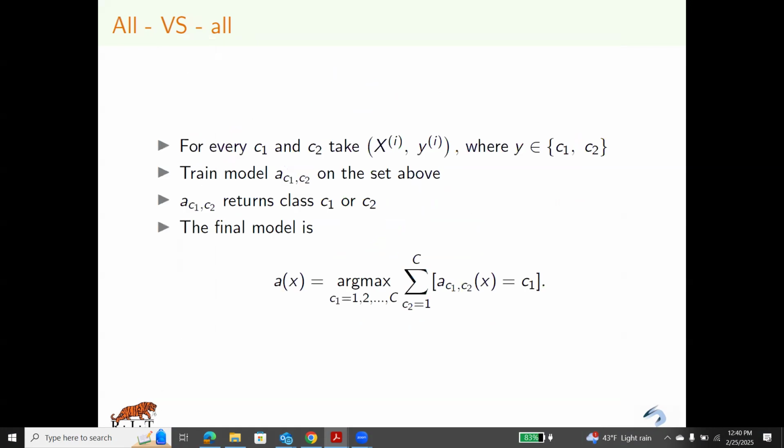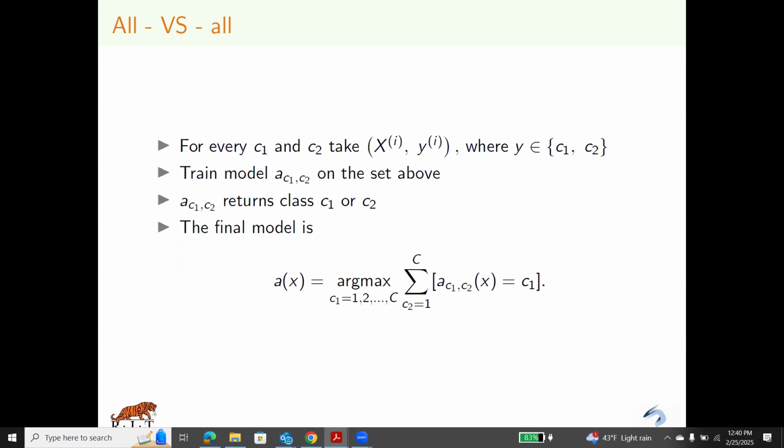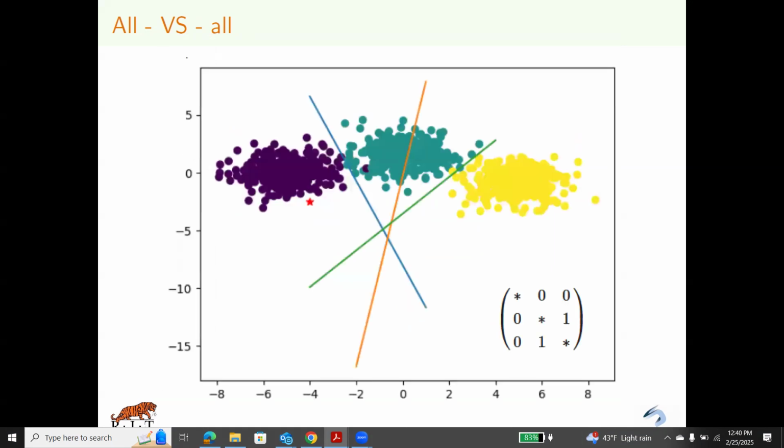The second approach is called all versus all. Let's again look first at the image and then at the formula. In all versus all, we build all possible pair classifiers.